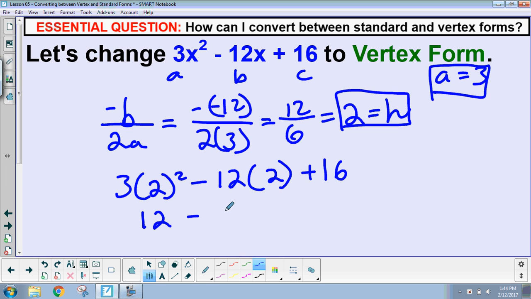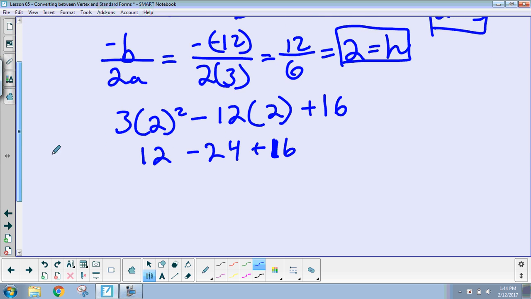And then plus 16. Let's see here. That's 12 and negative 24. That'd be negative 12 plus 16. So 16 minus 12 should be 4.